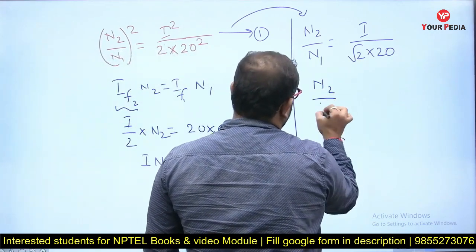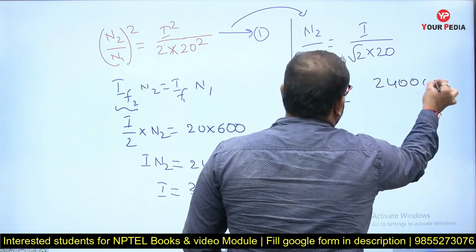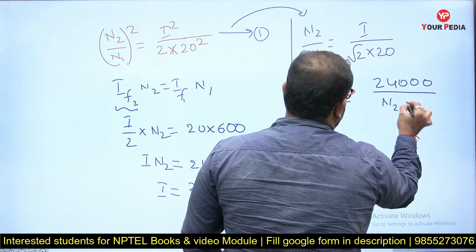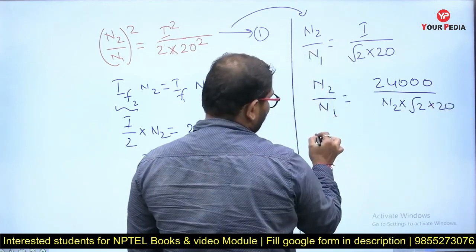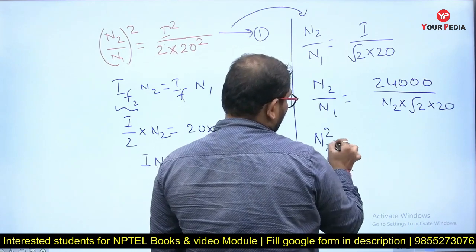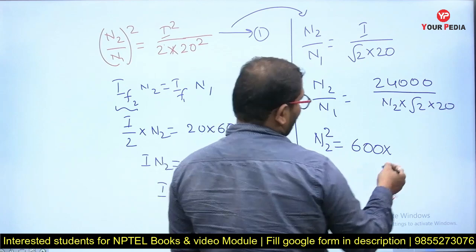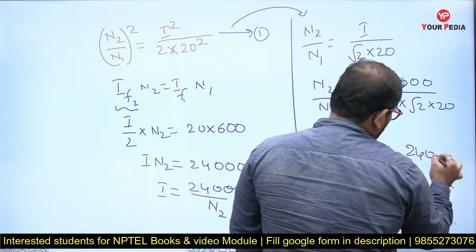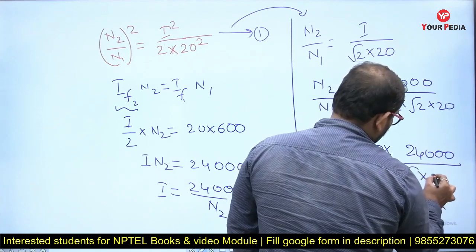N2 by N1 is equal to 24,000 by N2 into root 2 into 20. So from this, if you send N2 to the other side, N2 square is equal to N1, which is 600 as we already know, times 24,000 by root 2 into 20.